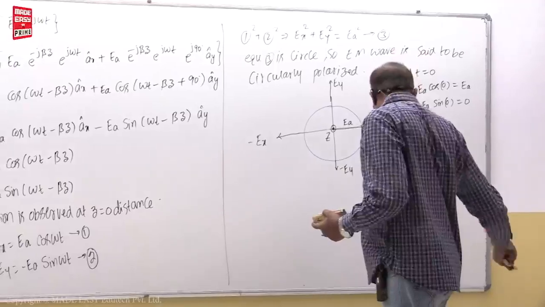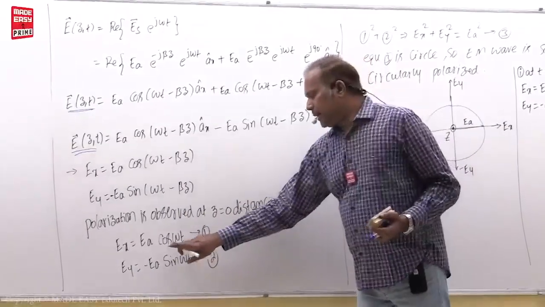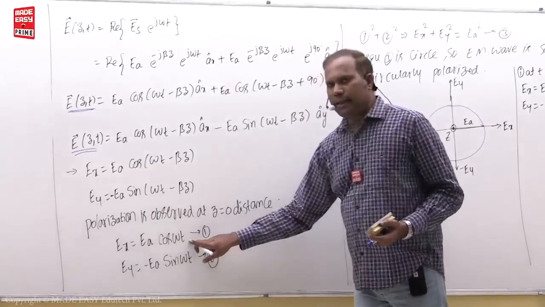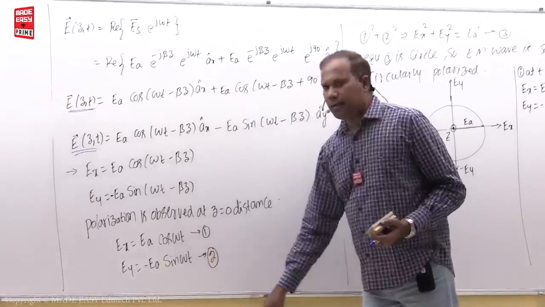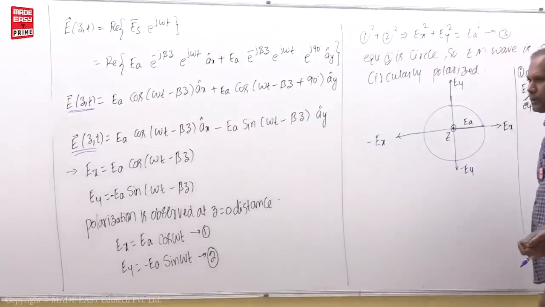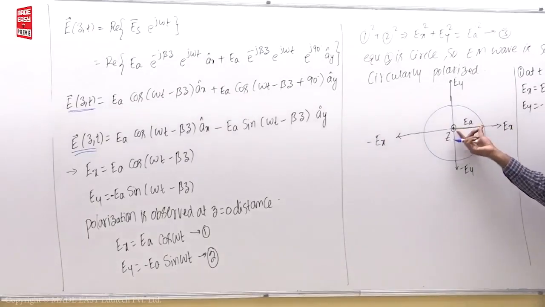If you put time 0 in this, then Ea into cos 0 is Ea. Then you put t equal to 0 here, Ea into sin 0 is 0. So at time 0, the electric field x component is Ea, Ey is equal to 0. So whenever time is 0, only the electric field x component is there, and that value is Ea.